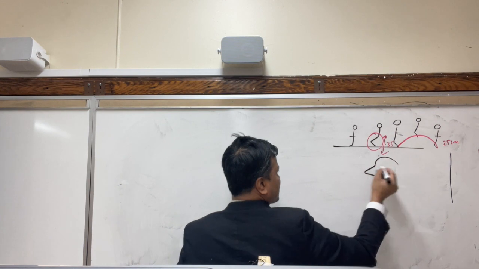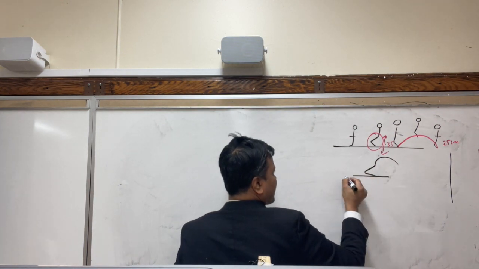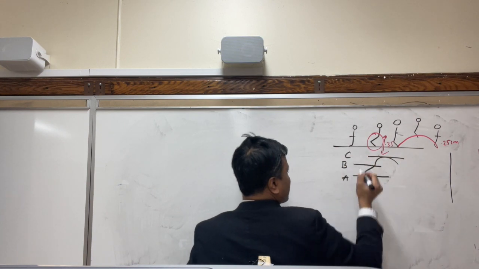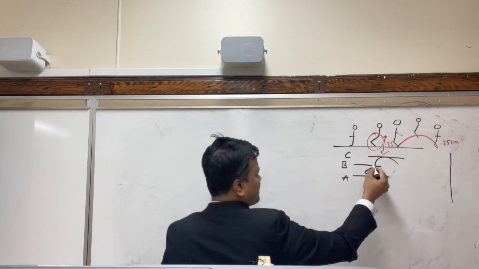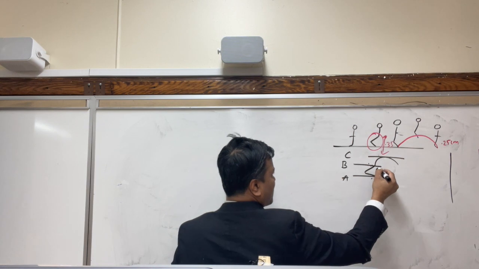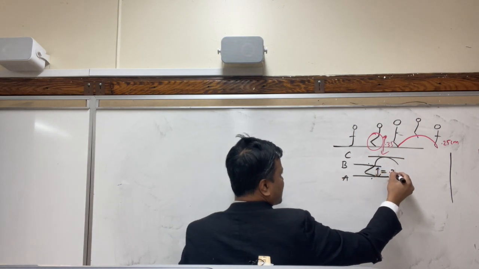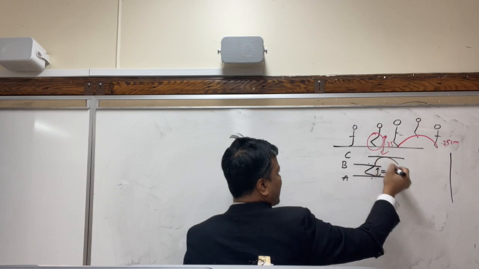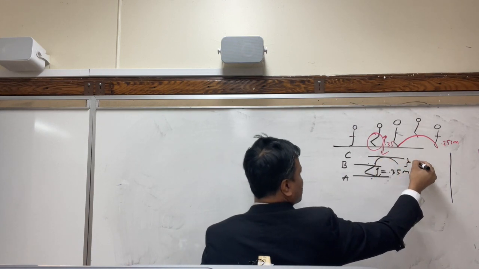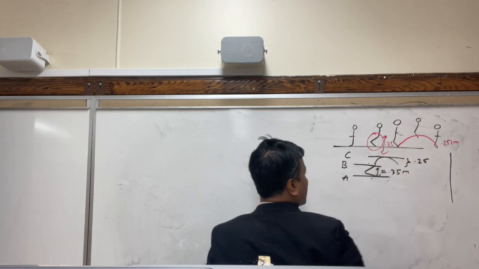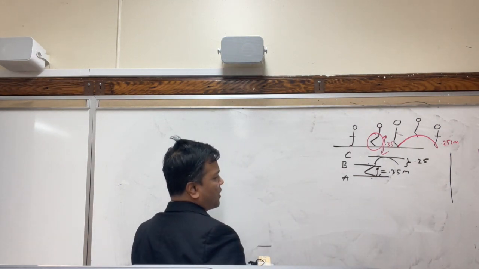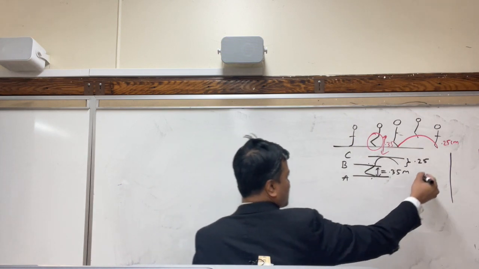you have the crouching. So let's call it A, let's call it B, and let's call it C. All right. So the crouching takes place over 0.35 meter, and then in the air, how long has Mr. Barry been in free fall, how much did he jump? 0.25 meter.